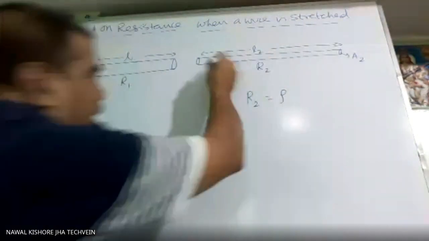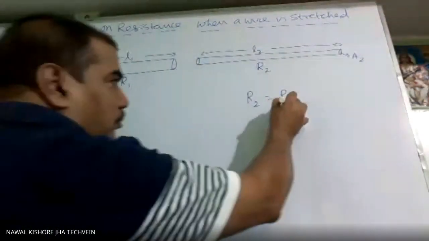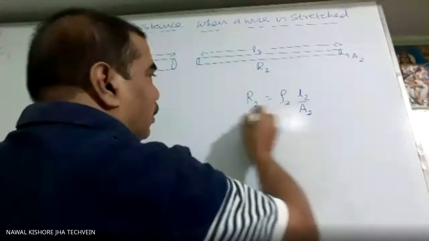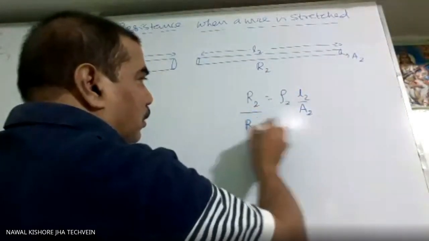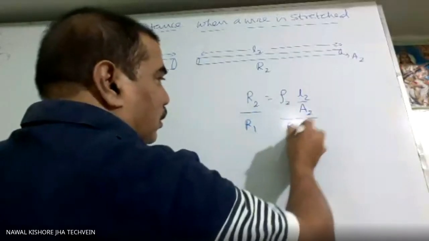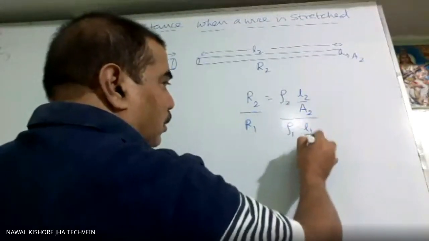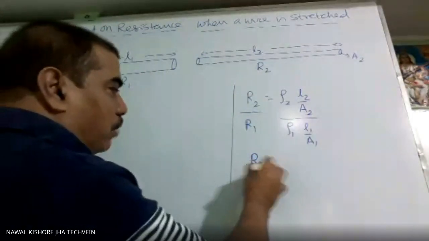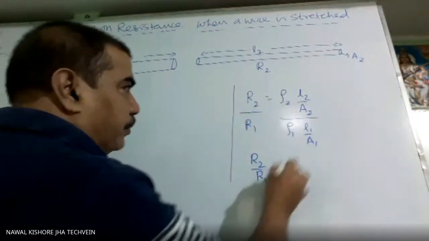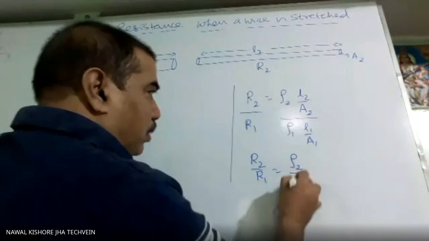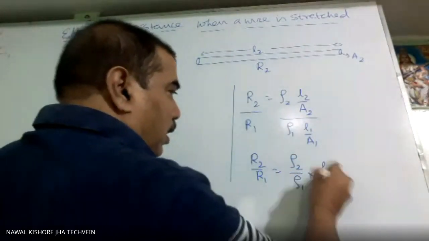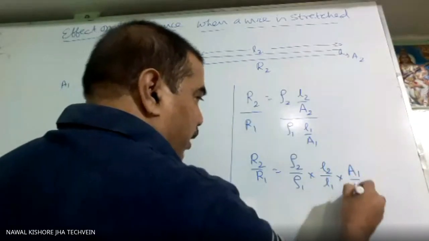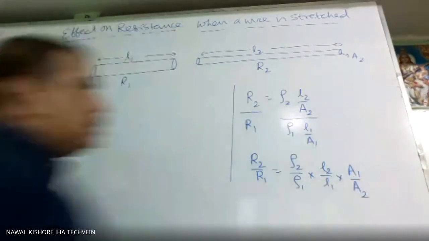Suppose the material is different, then rho differs. So the general formula for R2 by R1 is rho 2 over rho 1, into L2 over L1, into A1 by A2. This is the general case.